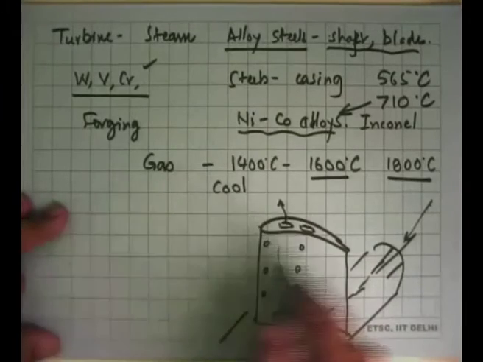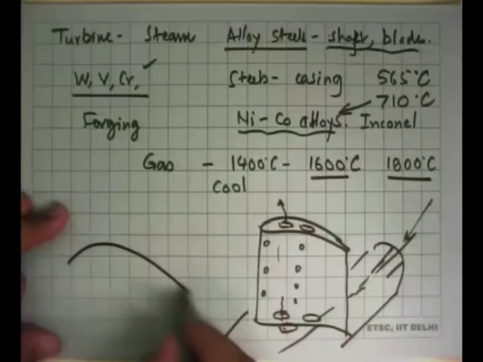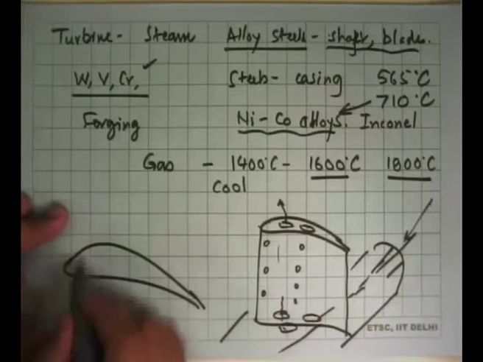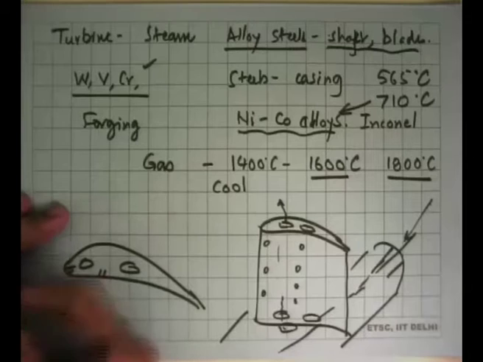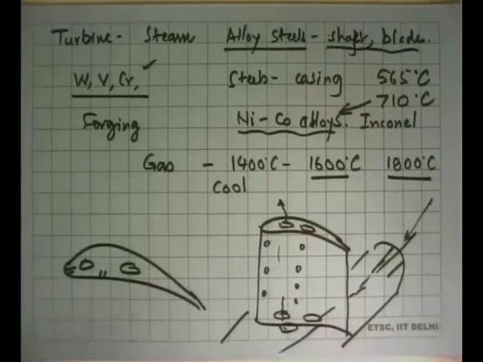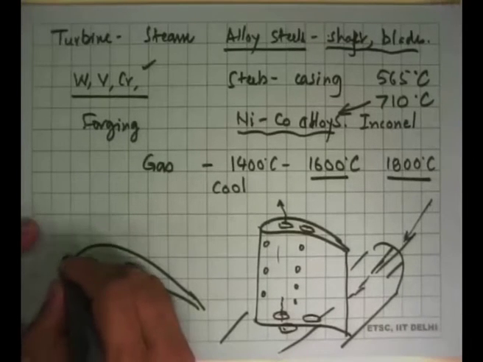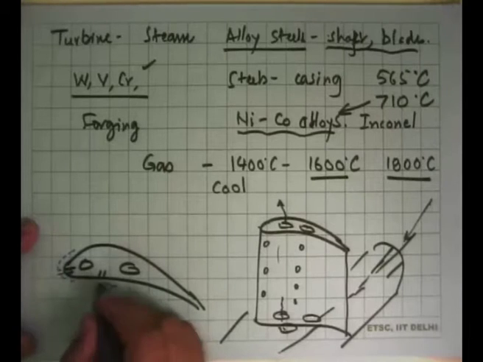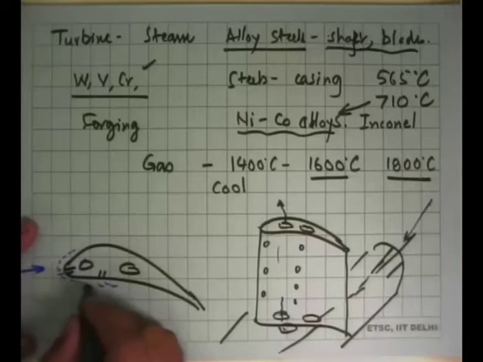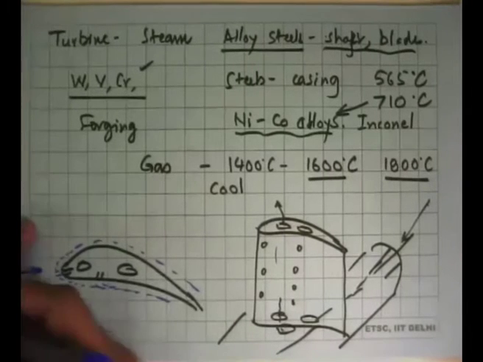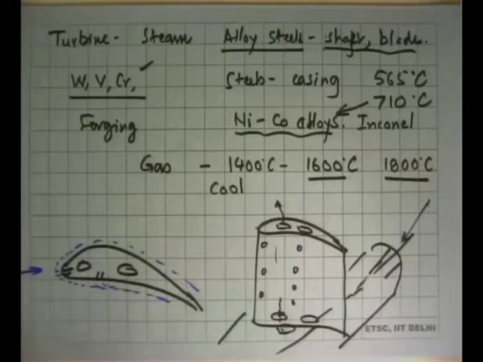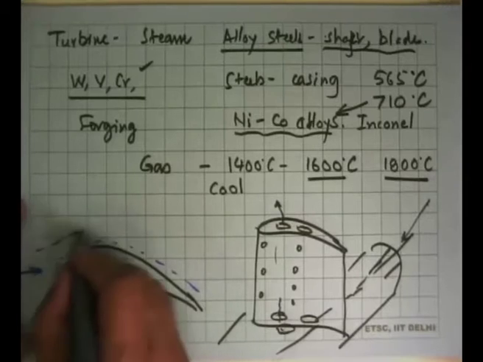So if you have to take a top view of this, one can say that this is the blade, these are the passages, and say here and here we were throwing out air over this. So this air came out and it went over there, this air came out, the flow over the turbine blade is like this. So this cold air is going over there, and outside this is the hot gases that are flowing over here.